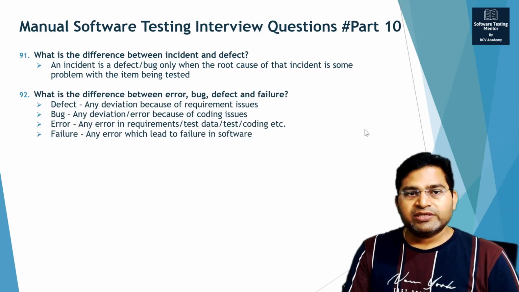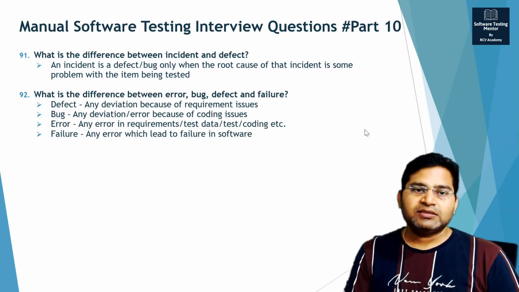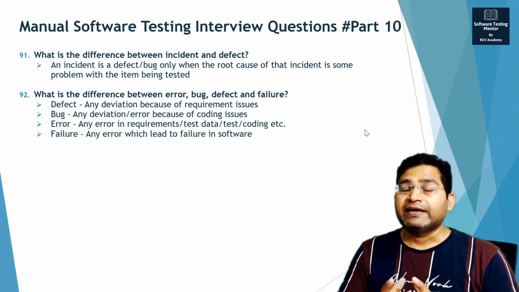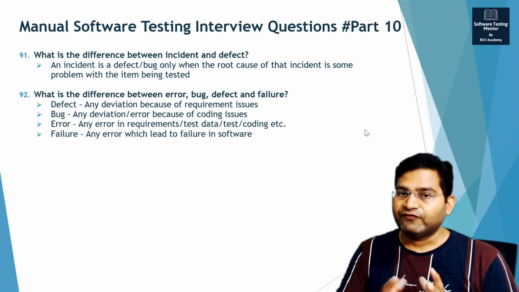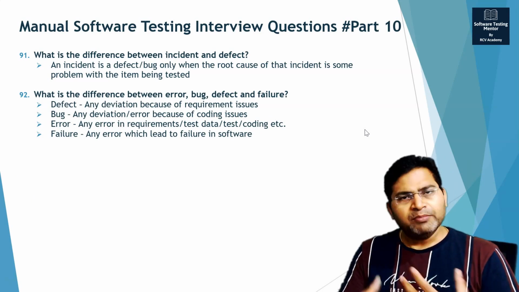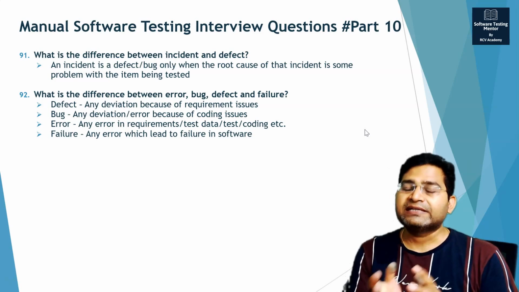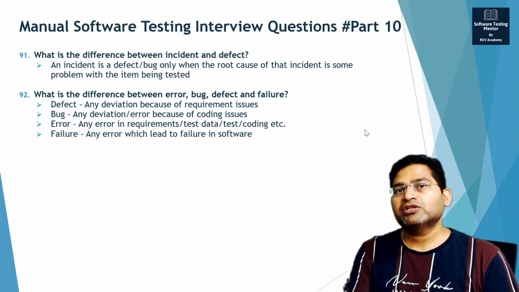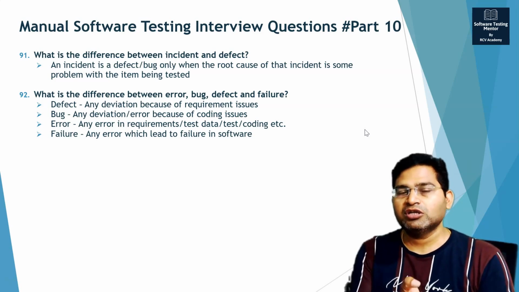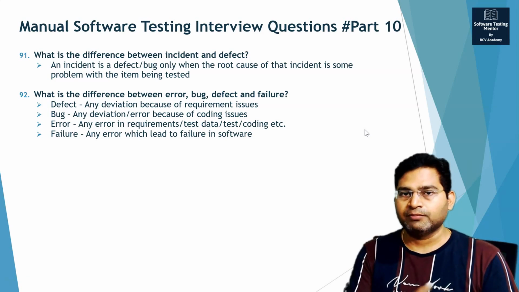Okay, so the next question, the 92nd question of the series, is what is the difference between error, bug, defect and failure, right? It's a very minor difference. Usually you will see that defect and bug are used interchangeably. Some projects use the terminology bug, some projects use defect.